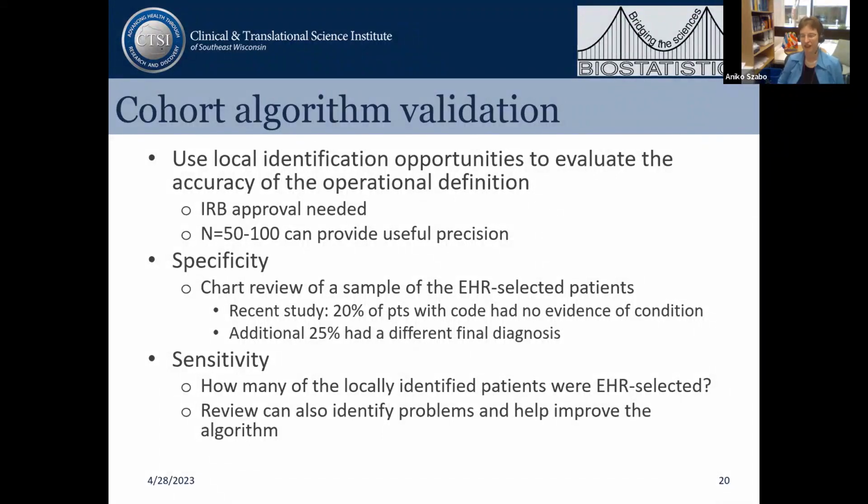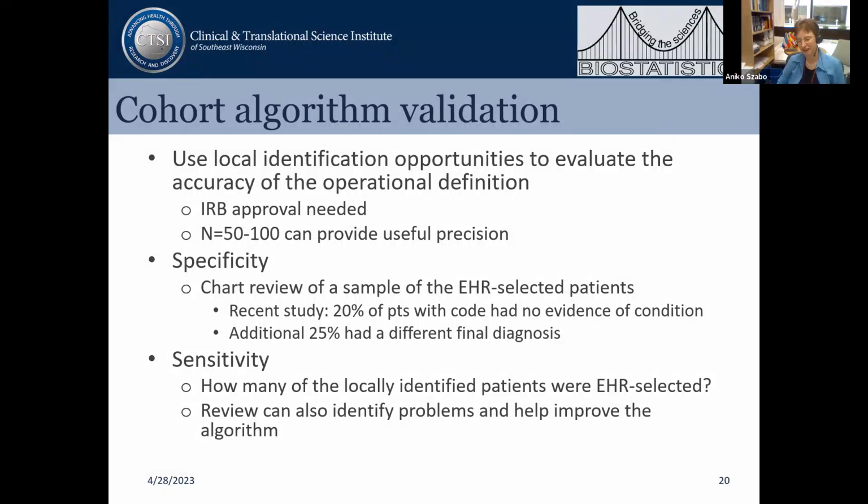And one can also look at the sensitivity if you have some kind of locally identified resource of patients who you think would be eligible. Some groups have their own little registries or just a list of patients seen by that physician.